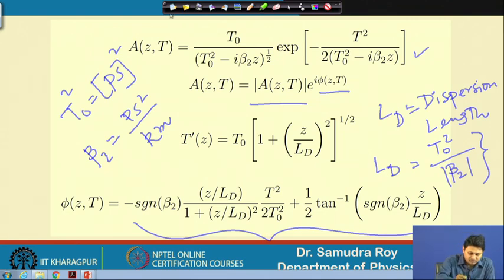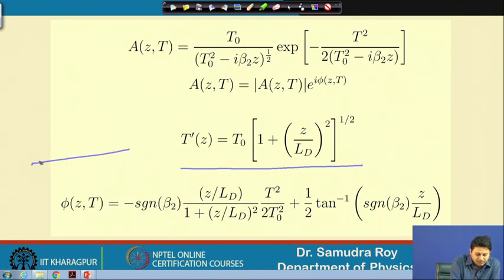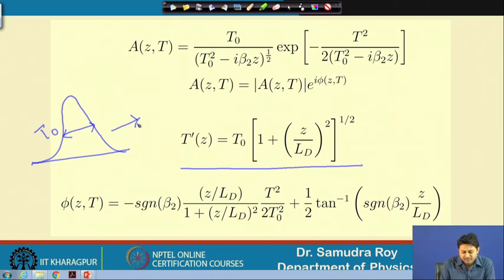Well, if I now look at this term, which basically suggests the evolution of the pulse width, then you can see that if I increase z, the pulse width is going to increase. So, if this is my input pulse, which is some sort of Gaussian shape having some initial width, according to our notation T0, then after the propagation distance it should be something like this.